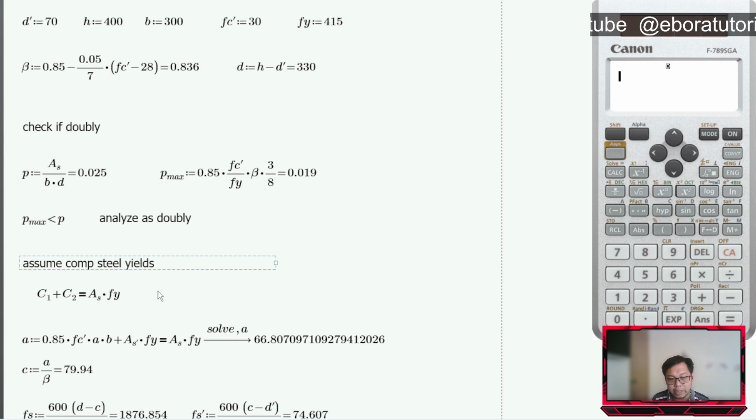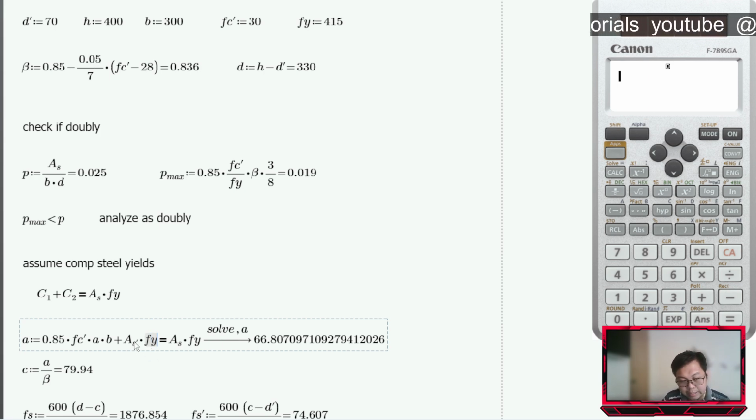But anyway, dito I assume na nag-yield, so we will use Fy for both stresses sa steel. Notice, ang stress sa steel for As prime is Fy. The same is true for As, Fy. And then we actually solve the value of the concrete compression block, which is a.